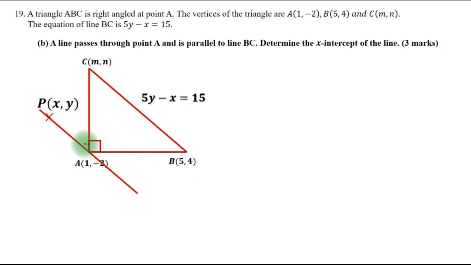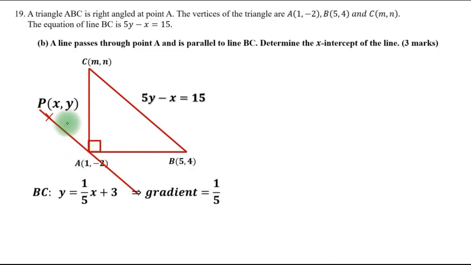So we can easily get first the gradient of line BC. We write this equation in the form y is equal to mx plus a constant. y is equal to a fifth of x plus 3. So its gradient is 1 over 5. M is normally the gradient, so this is the gradient of BC. Therefore, the line passing through A and parallel to BC has a gradient of 1 over 5.